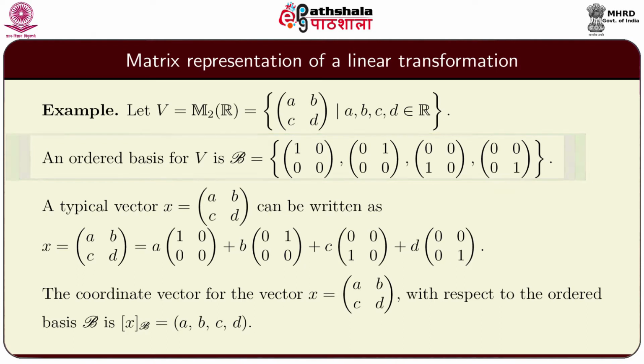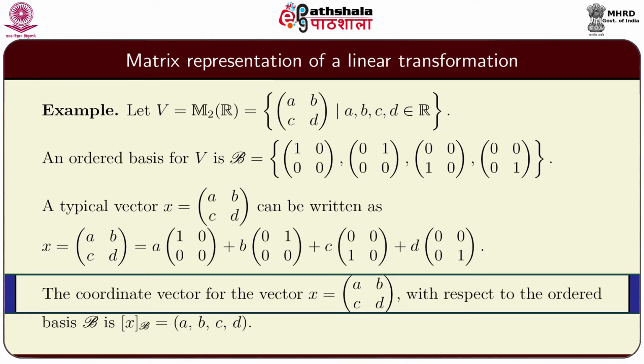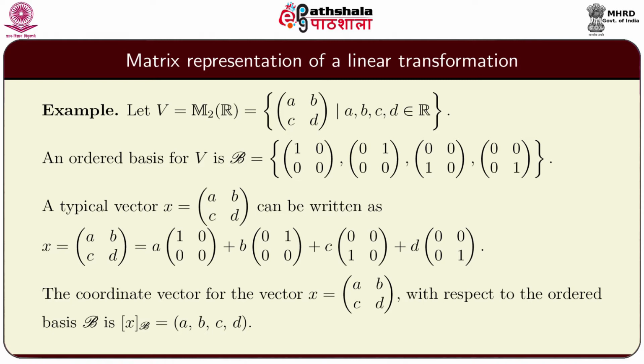There are 4 matrix units because it is a collection of all 2 cross 2 matrices, and if we take this particular ordered basis, then any x which is a 2 cross 2 matrix with entries a, b, c, d, typically this can be written as the linear combination of those matrix units, and therefore the coordinate vector for the matrix would be the 4-tuple (a, b, c, d) with respect to this particular choice of ordered basis for V.